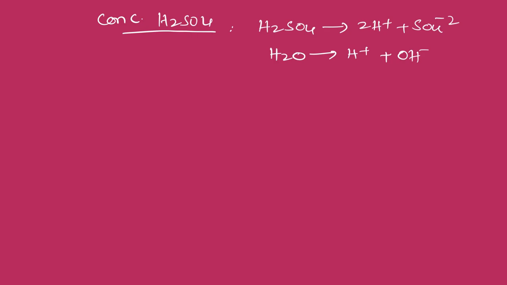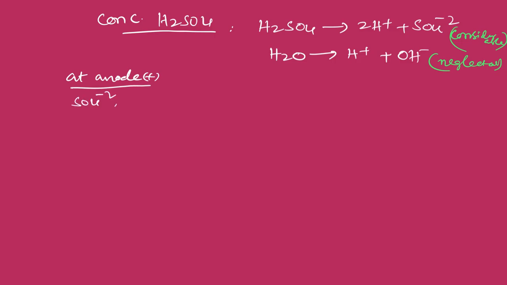This is now a considerable amount. This is a neglected amount. Therefore, at the anode, which reaction takes place? At the anode, positively charged, the negatively charged SO4 2- will come, and OH-. Anyway, this is a negligible amount.